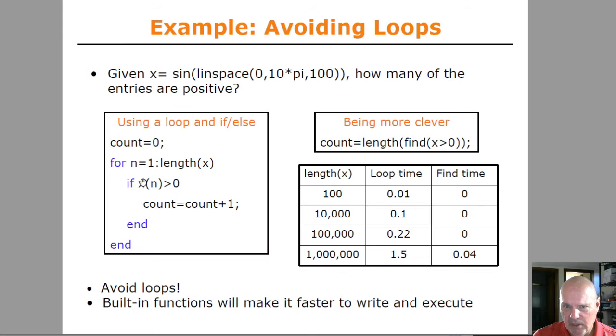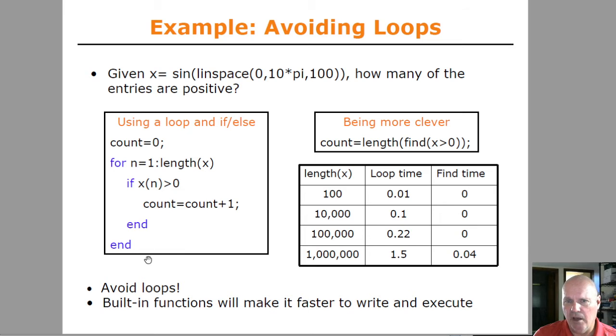So again, two approaches here. A similar problem: we're taking the sign of a vector. We want to know how many of the values in this vector are greater than 0. One is to actually loop through all the elements in the vector, and if that element is greater than 0, increment a count value.